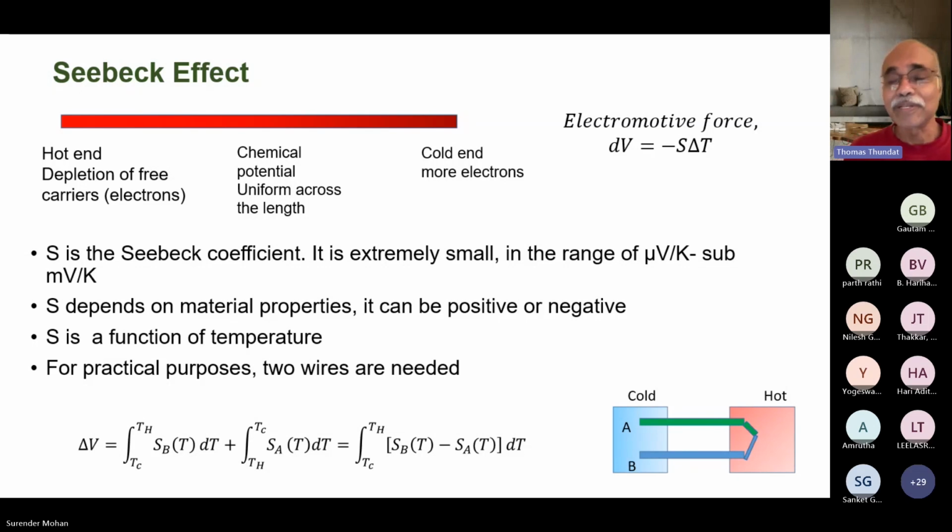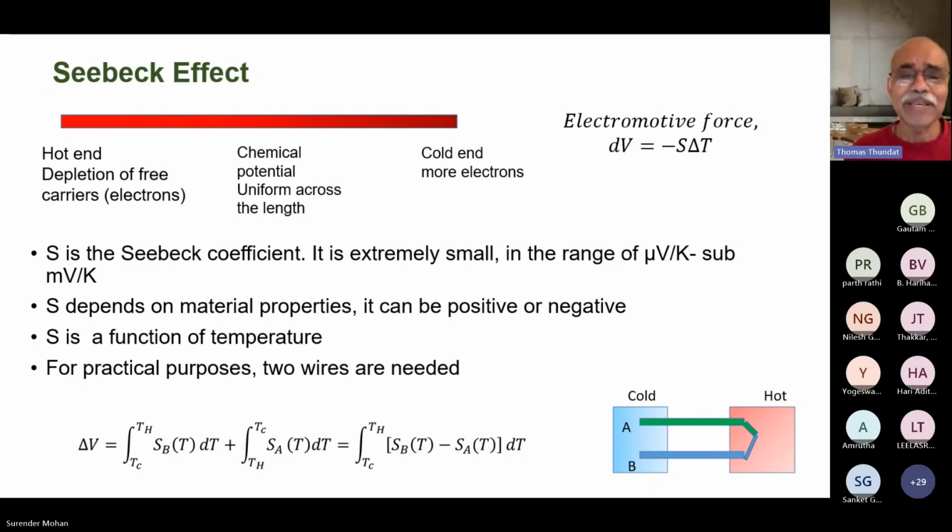That's why most of the time these thermocouples are arranged in groups, so you can increase it. Generally you need to measure the potential difference, so you need another probe.